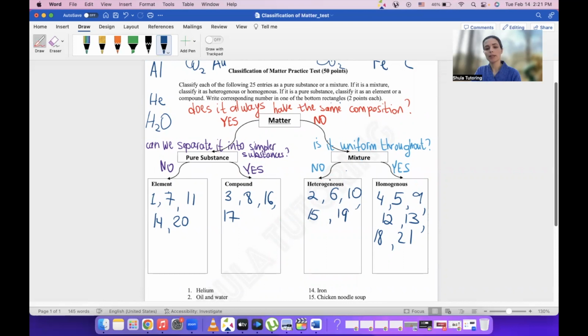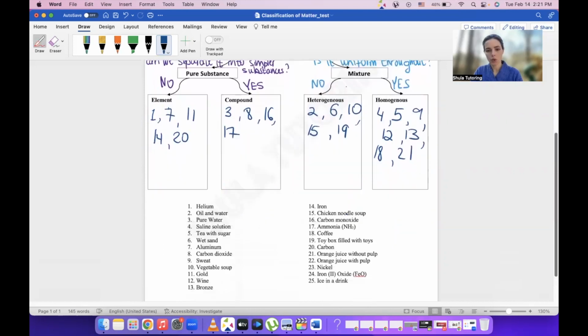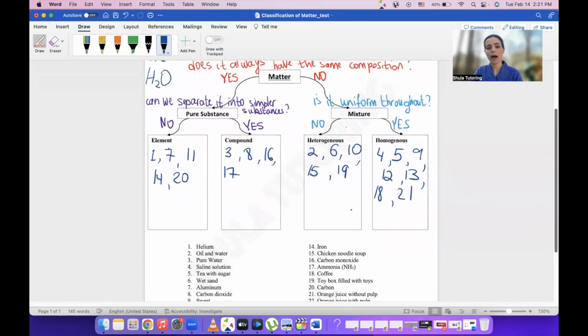So that makes it a heterogeneous mixture, because now there is a separate component which is not mixed in with the liquid. It actually separates and settles somewhere else. It forms a distinct layer. So orange juice with pulp will be a heterogeneous mixture.